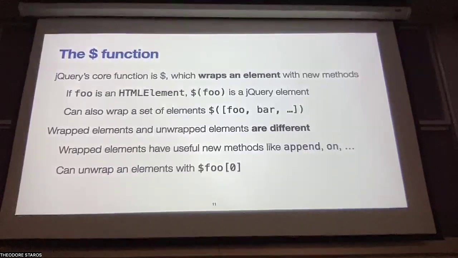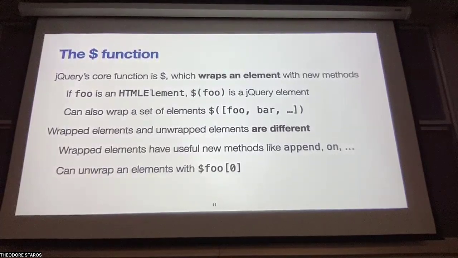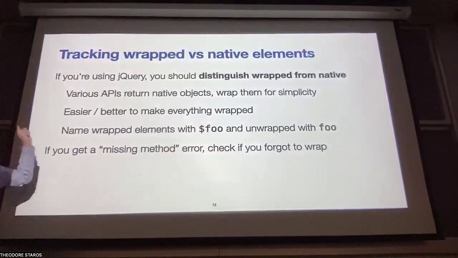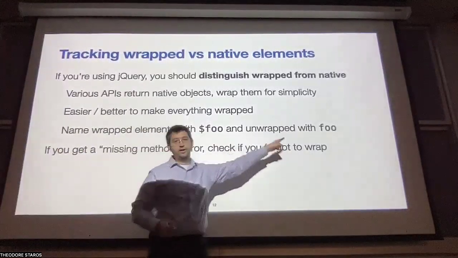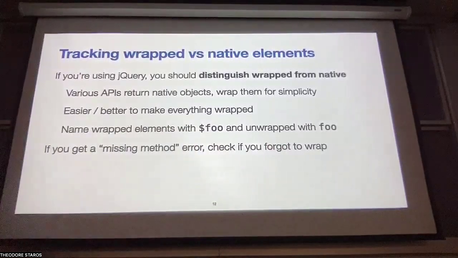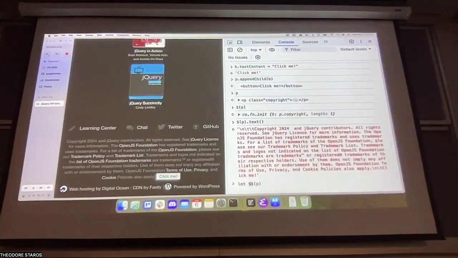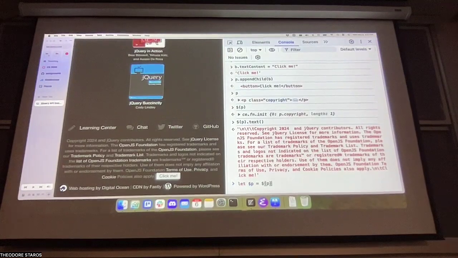Mostly you'll be using the wrapped ones, but it's really easy to have an error where a certain method doesn't exist. And that's because you're calling the method on an unwrapped object instead of a wrapped one, or vice versa. The way we typically distinguish these is we name the wrapped ones with a $ sign and the unwrapped ones without a $ sign. So you would typically do something like let $p equals this.